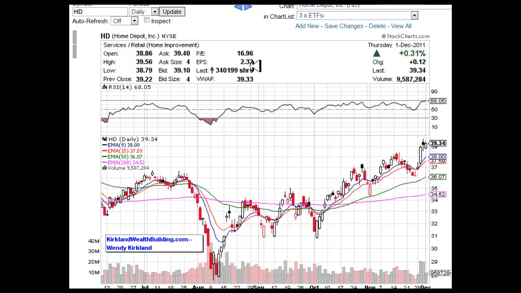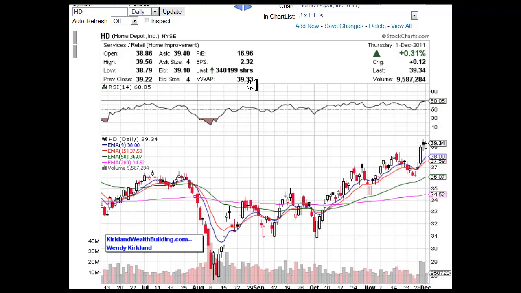EPS is earnings per share, and the last kind of corresponds to this figure over here. This was the last trade, and so it was 340,199 shares that were traded at this 39.34.